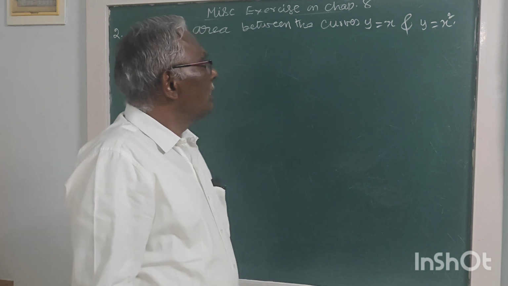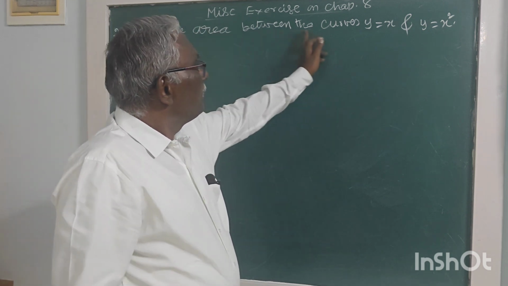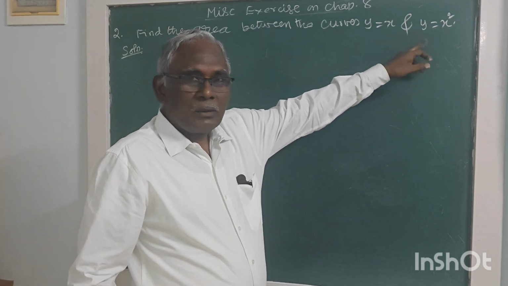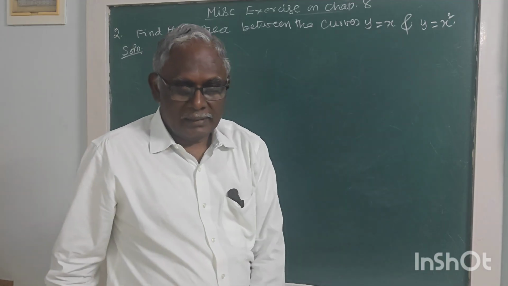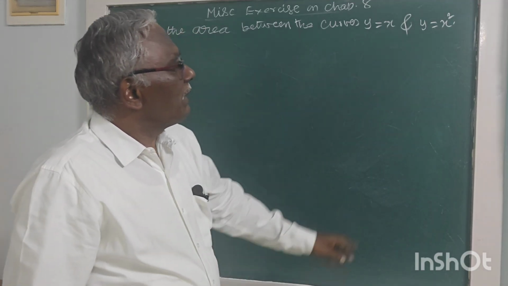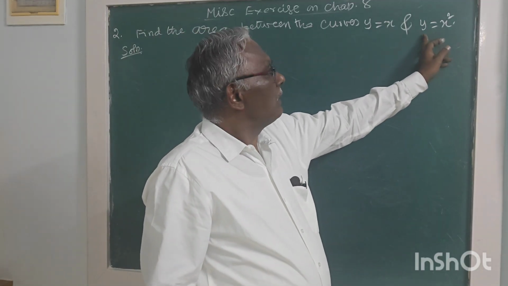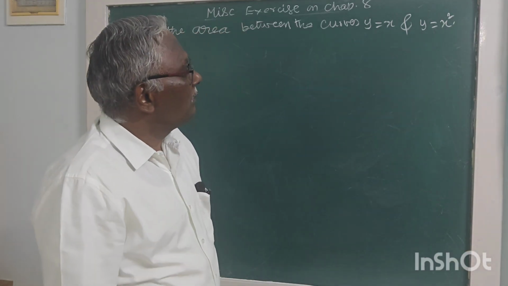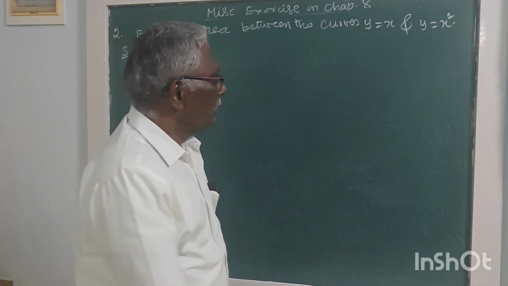We have to find the area between the curve y is equal to x square and the line y is equal to x. So x square is equal to y is an upward parabola with the vertex at origin as shown in this figure.